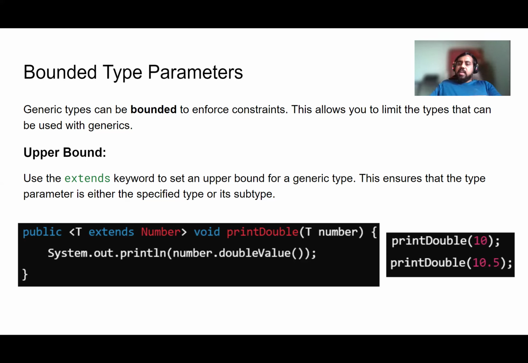Integer is a child class of Number, AtomicInteger is a child class of Number, Float is a child class of Number, Double is a child class of Number. If you pass any of these values, it will accept. So this is what is called an upper bound, meaning we are defining a parent here and all children will be accepted. Here I'm just printing the value, number dot doubleValue. You can see first time I pass the integer value 10. Next time I'm passing a double value here, 10.5.